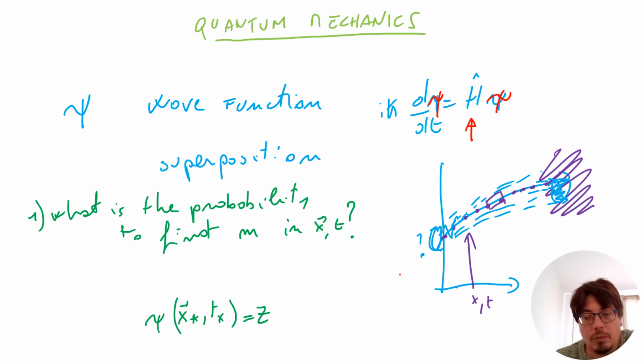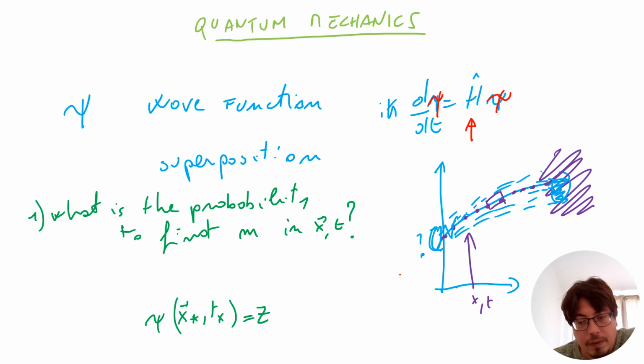But this is due to lack of knowledge of your system. Basically, you don't control your system perfectly, you don't have all the information about the atmosphere, the pressure, humidity, the surface tension, whatever. There are many contributions that can lead to this uncertainty in classical mechanics.